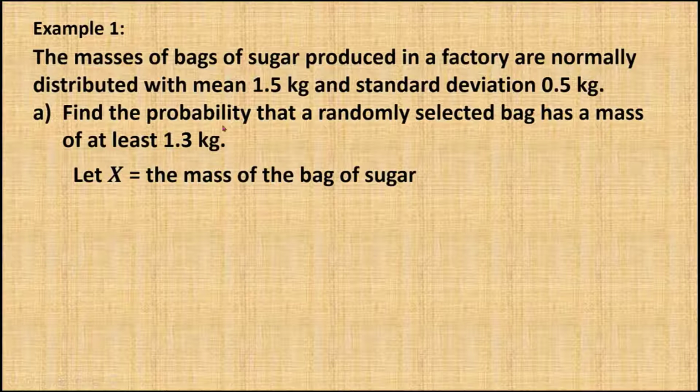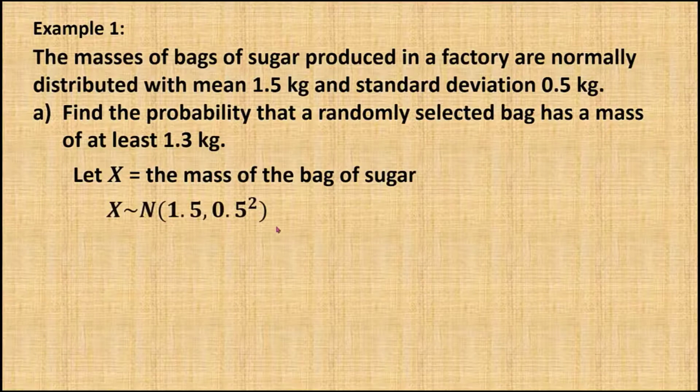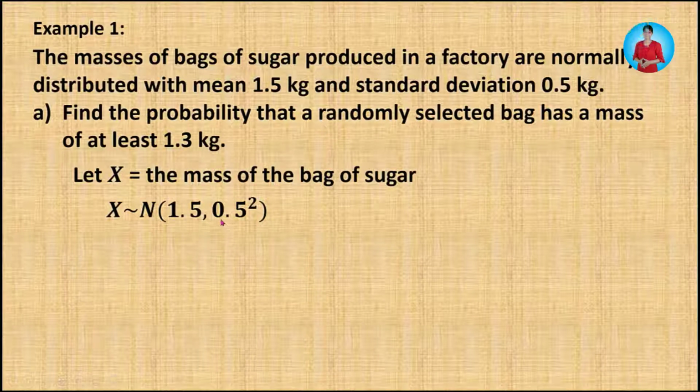Since this question is finding the probability about the mass, we are not going to use the sampling distribution of the sample mean, but we use the probability distribution of X. So the distribution of X is normal with mean 1.5 and variance 0.5 squared. Now we are going to find the probability of mass at least 1.3 kg, that is, the probability of X greater than or equal to 1.3.